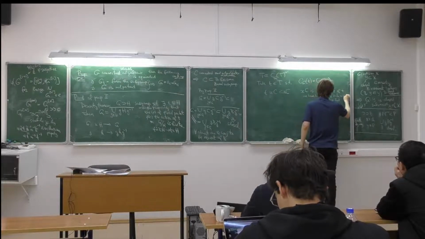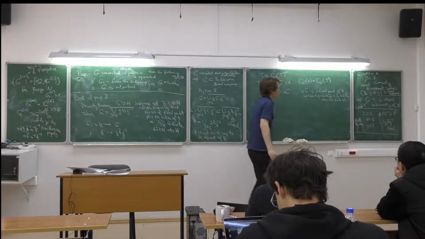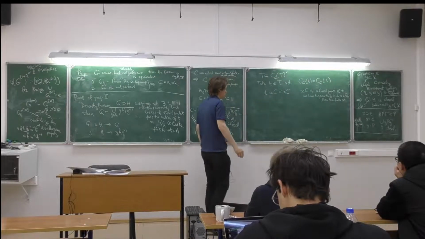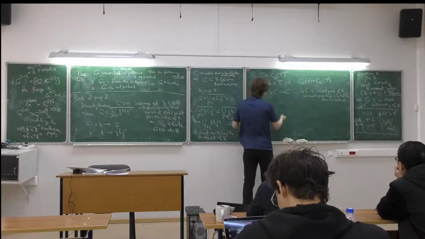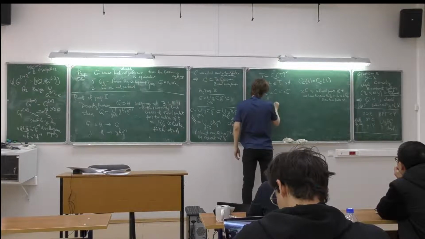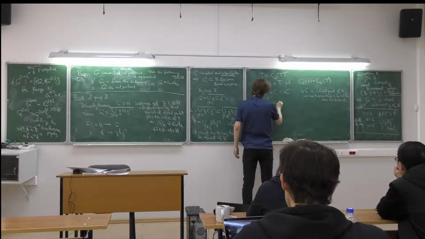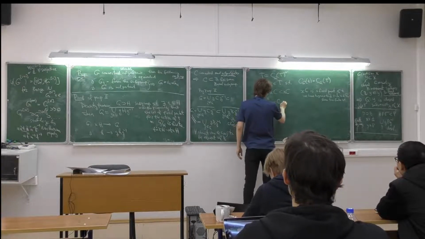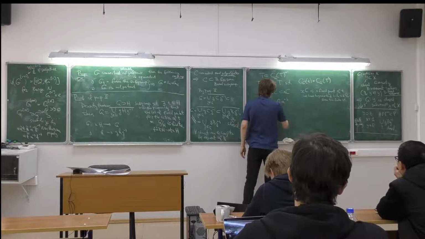So x is the coset. But this means that T sits inside the conjugate of the normalizer.